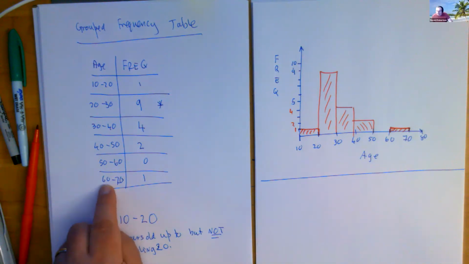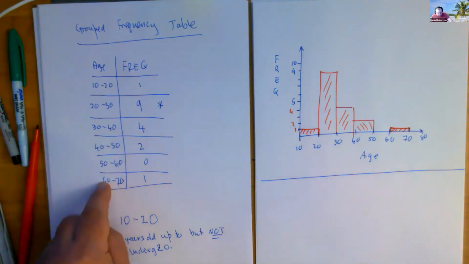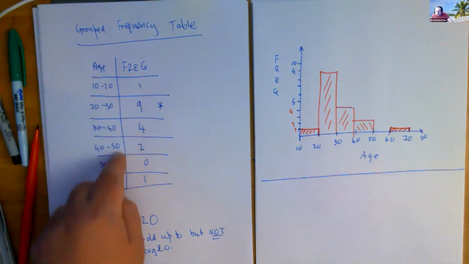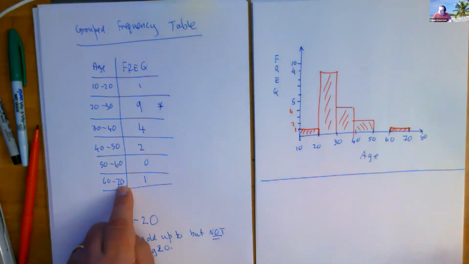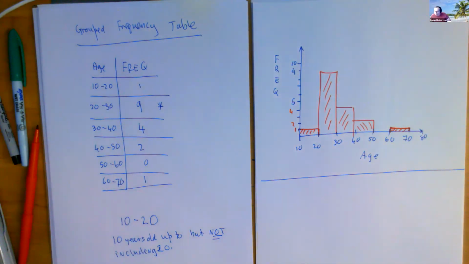Remember, this only goes from 60 up to, but not including, 70-year-olds. So a 70-year-old person would be down here, right, in the 70 to 80 group. So the number on the left you can use, the number on the right you're only allowed to go up to, but not including. Hopefully that's answering their question.